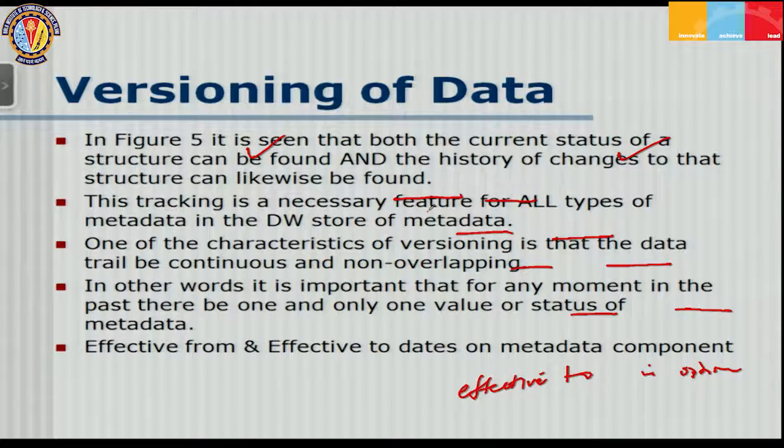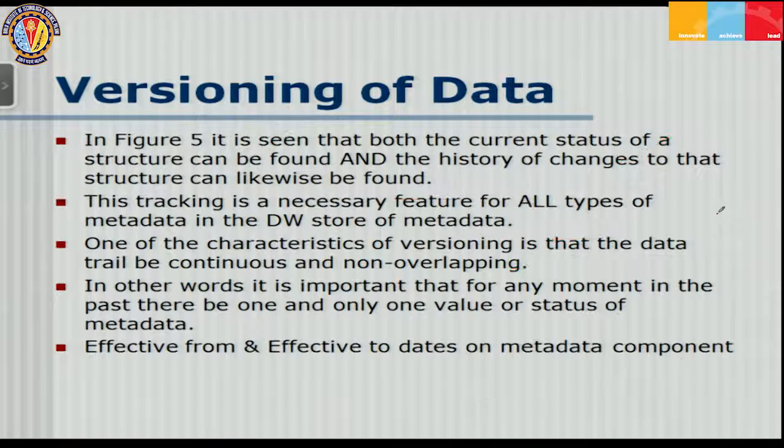In this figure it is seen that both the current status of a structure can be found, and the history of changes to that structure can likewise be found. This tracking is a necessary feature of all types of metadata in the data warehouse. One of the characteristics of versioning is that the data trail be continuous and non-overlapping.